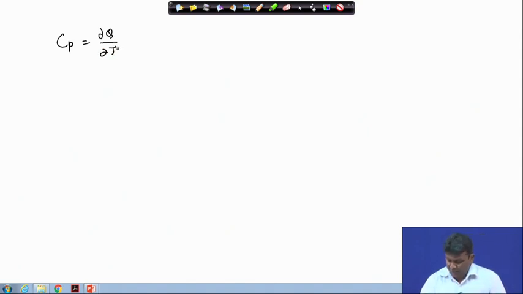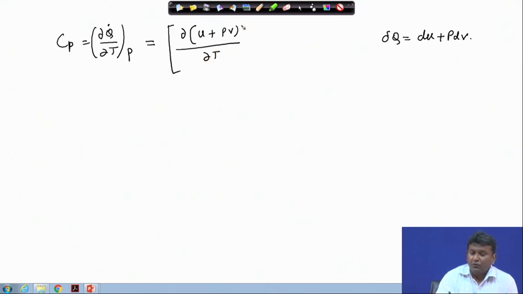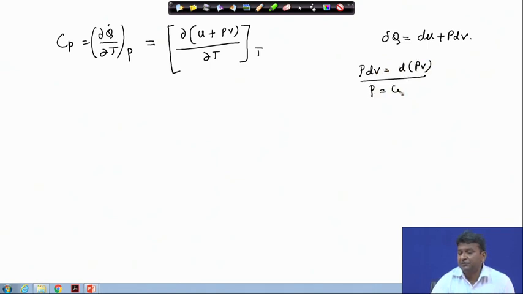And the important formula we need to remember is, at constant pressure, you can write this now as d(U plus PV). So, look carefully at what we have done. We have actually written PdV as d(PV), and this is possible only when pressure is constant.